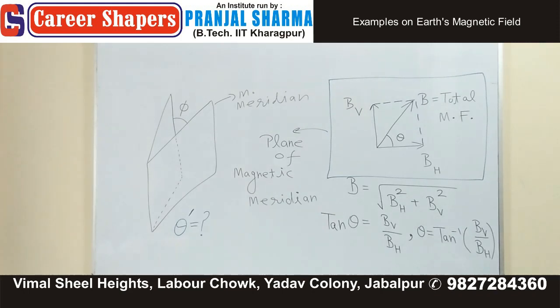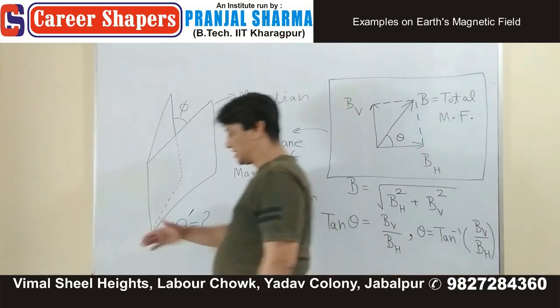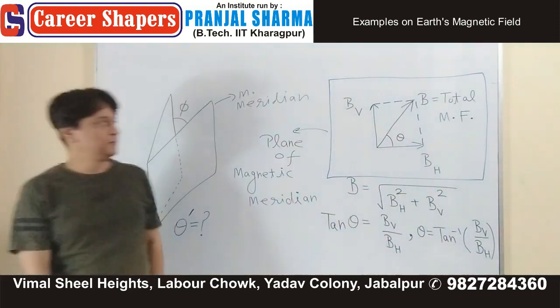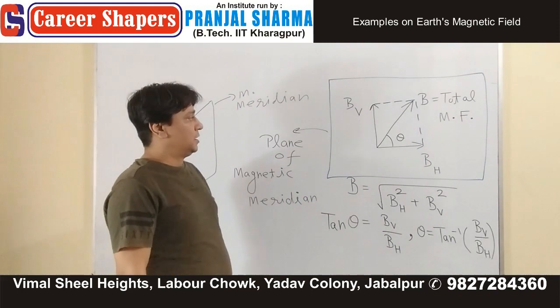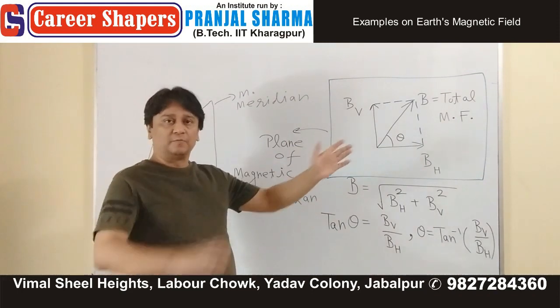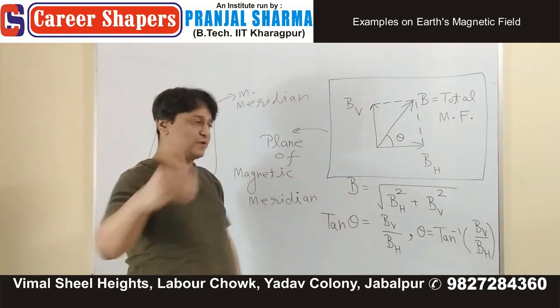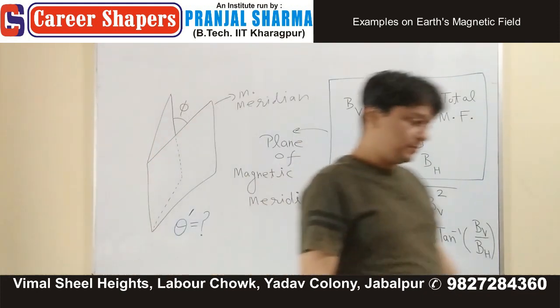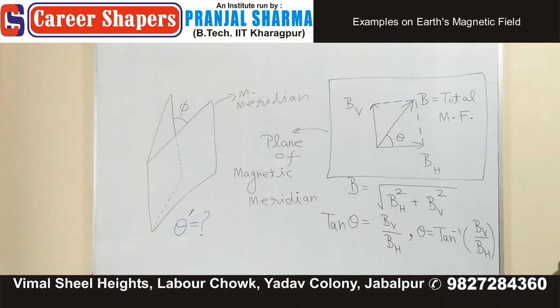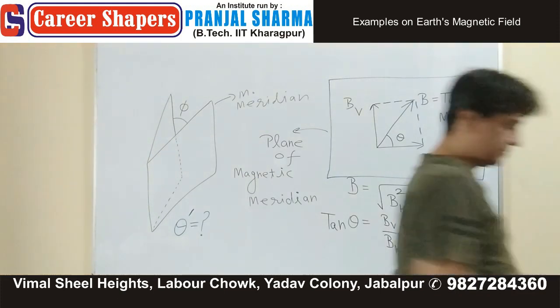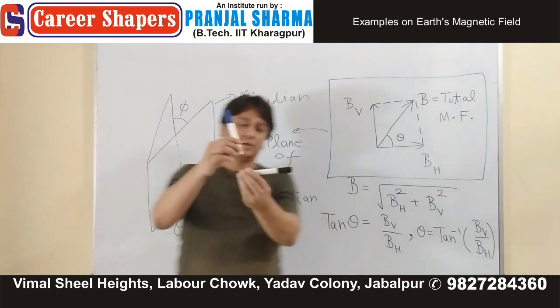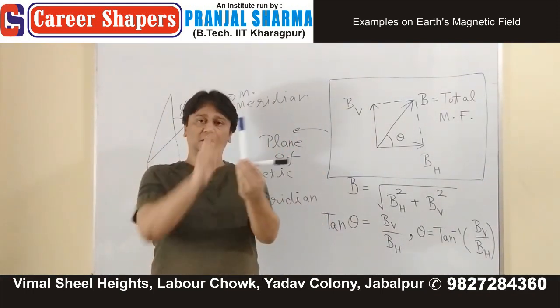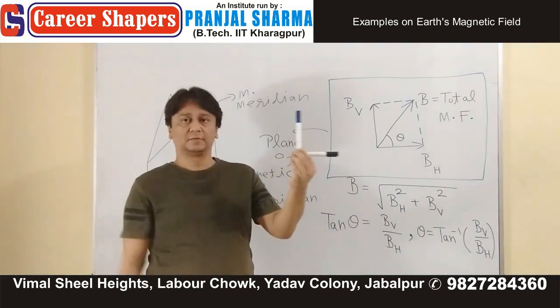Okay, let's solve the question step by step. Answer this part. There is no magnetic compass. Forget about the magnetic compass. Somebody told you that this is BV, this is BH.